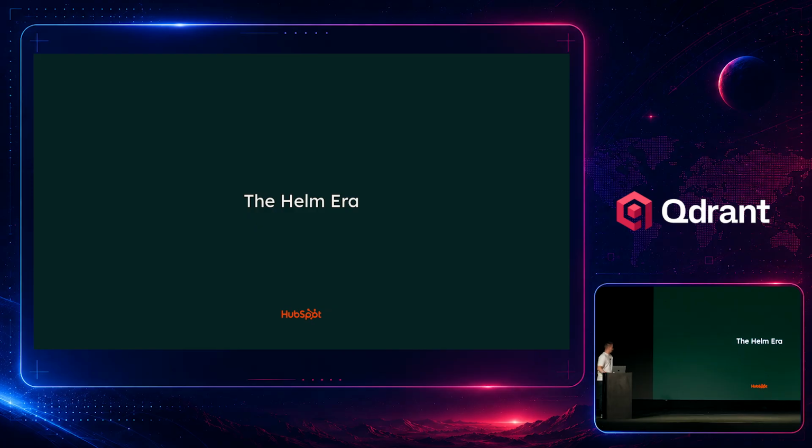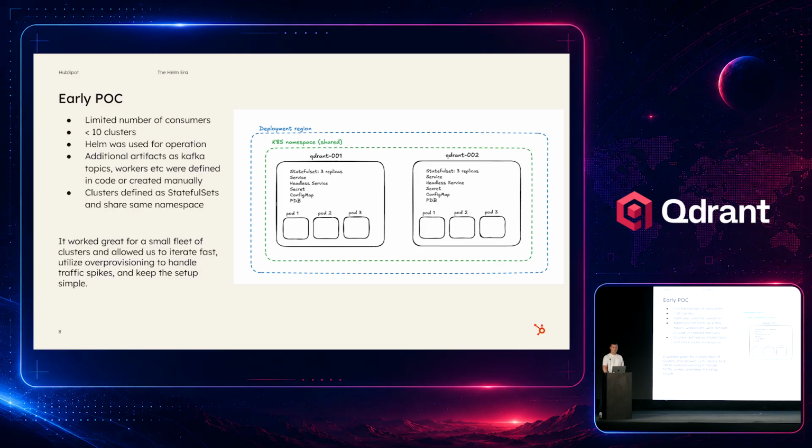So, going to the Helm era, that was an early POC which we started with a limited number of consumers. There were less than 10 clusters. Helm was used for operation, and all additional artifacts such as Kafka topics, workers, etc. were defined in code or created manually. Clusters were defined as stateful sets and shared the same namespace.